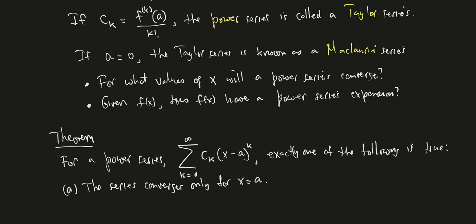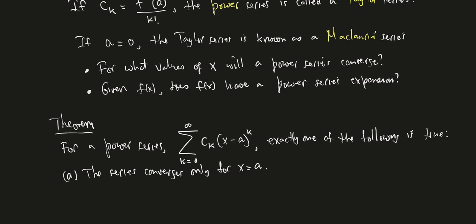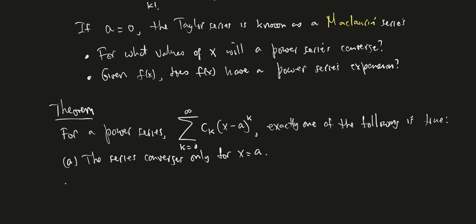So in other words, the only time I can get the series to converge to an actual number is by plugging in x equals a. And you can see what will happen if I plug x equals a in here, then I'll end up with 0. So basically, it's just a matter of zeroing out all the terms. So the series converges only for x equals a.